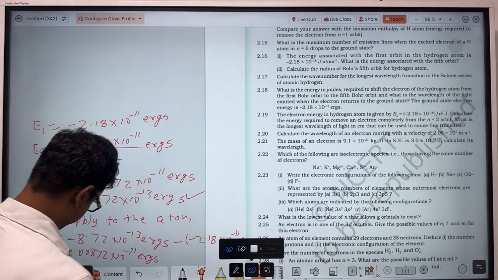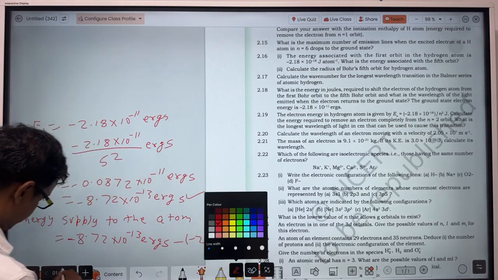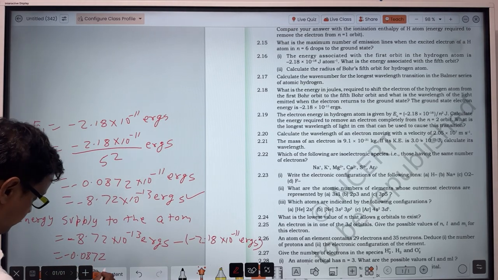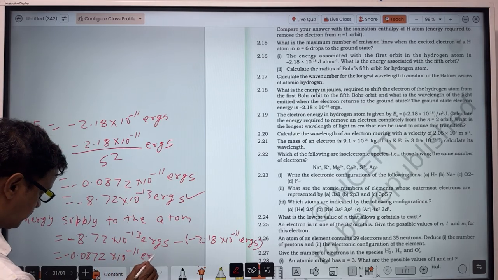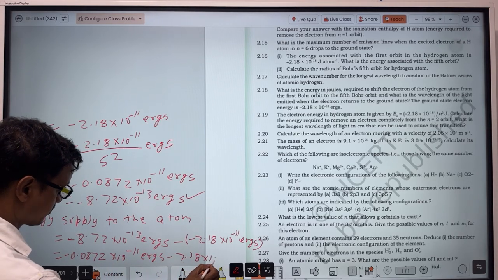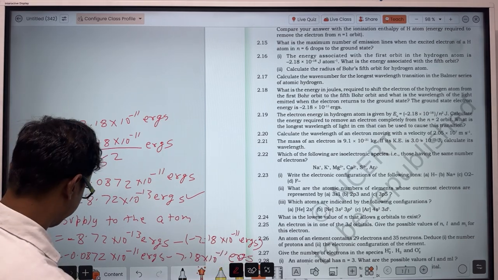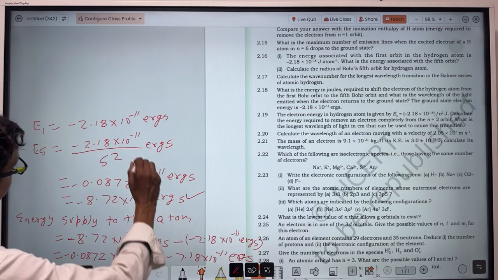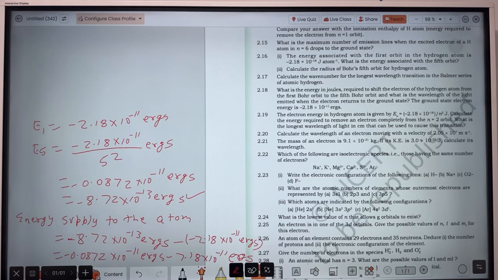No, 0.0872. So nearly about 7.18 into minus... 7.09.